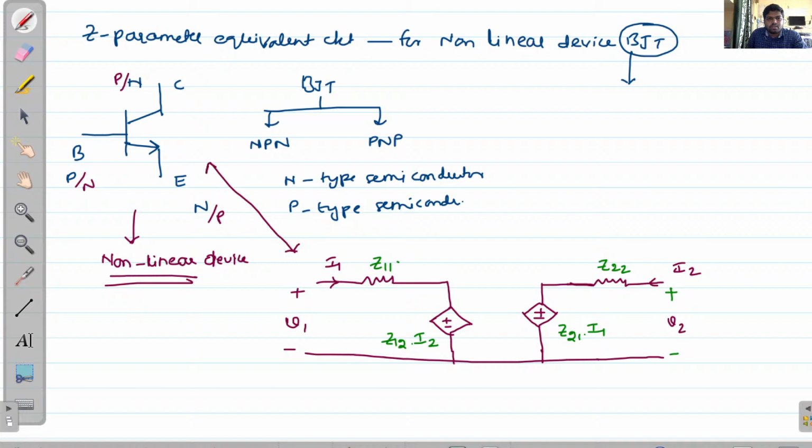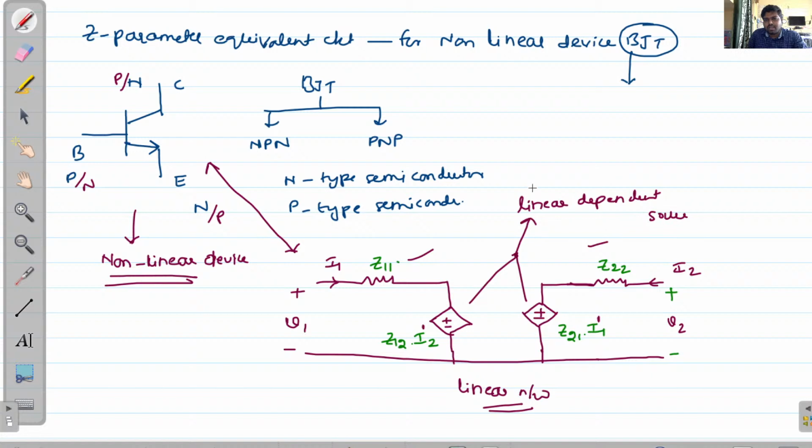While converting, this is a linear network. If you observe this network, this is a resistor, this is also a resistor, and this one is a dependent source, because Z12 into I2, I2 to the power 1 here, and here also I1 to the power 1. That means these two dependent sources are linear dependent sources. The resistors are also linear passive elements.